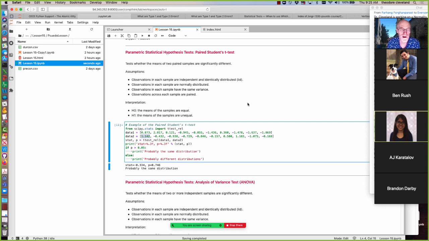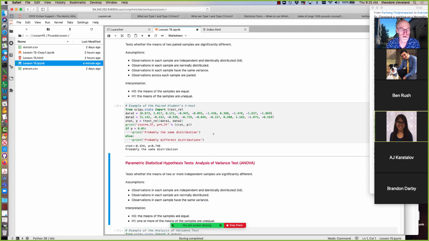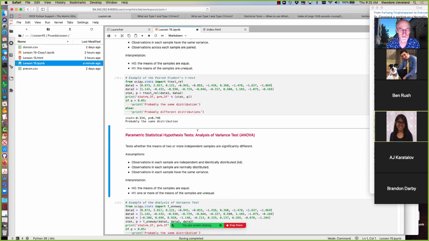So we already know there's 10 things in these two data sets, and if they're pairing, the interpretation of the test statistic is slightly different. We'll run it, and we've already concluded ourselves that these are probably the same distribution.